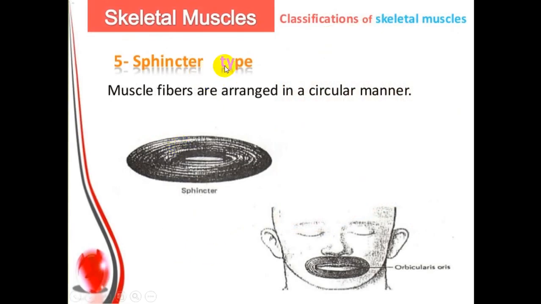Circular muscles can also be considered as muscles having oblique fibers compared to the line of pull. These muscle cells make a circle around an opening, and they are responsible for the opening and closing of those apertures. For example, around the mouth we have orbicularis oris, and around the eyes we have orbicularis oculi.